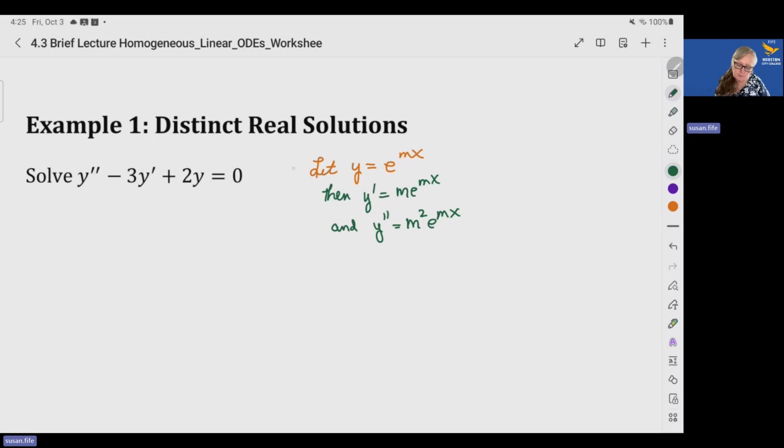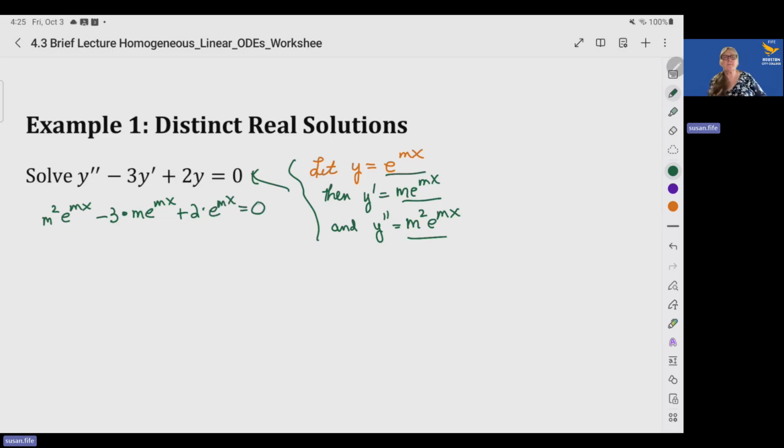So when I substitute these into the equation, I'm going to get my second derivative is m squared e to the mx, minus 3 times my first derivative, m e to the mx, plus 2 times y, e to the mx, equals 0.